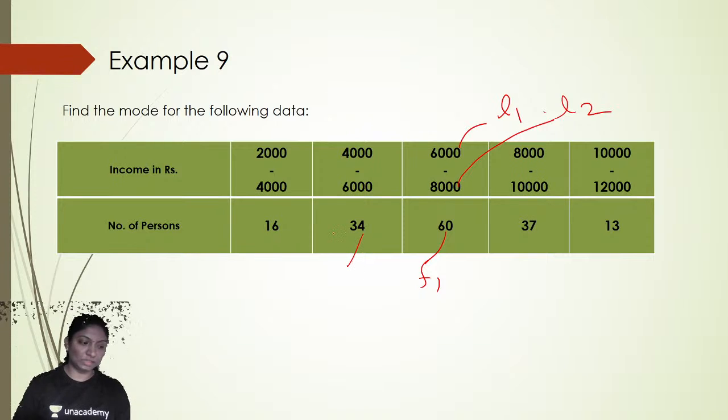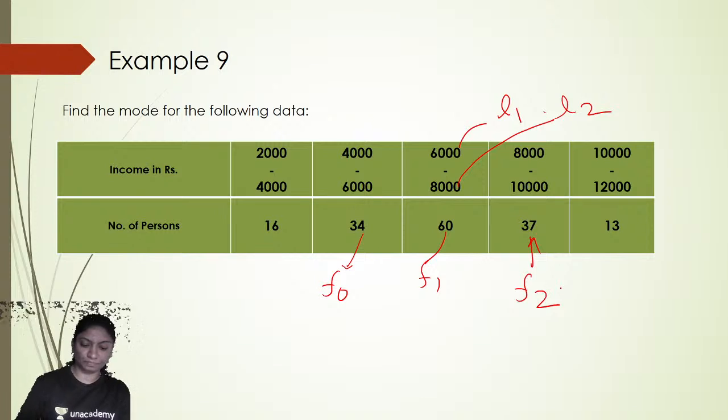This is the frequency F0 preceding the modal class, post modal class frequency F2.